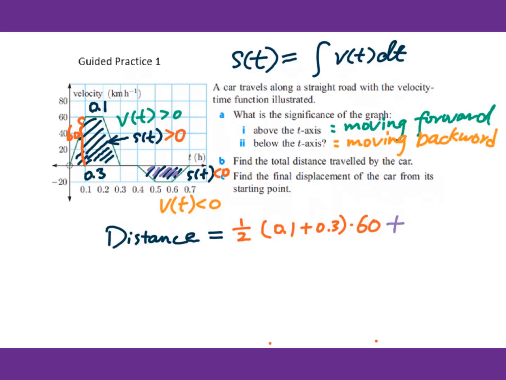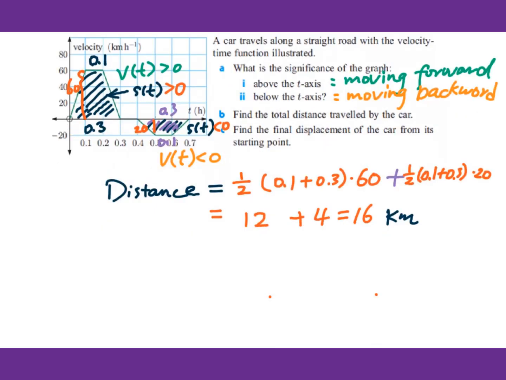Make sure this is positive. So we have 0.3, 0.1, and the height will be 20. So we add 1/2 times 0.1 plus 0.3 times 20. So we get 12 plus 4, you will get 16. The unit will be km.